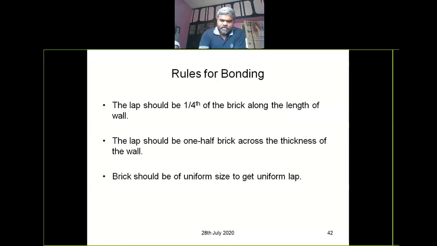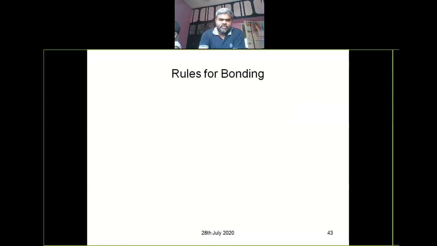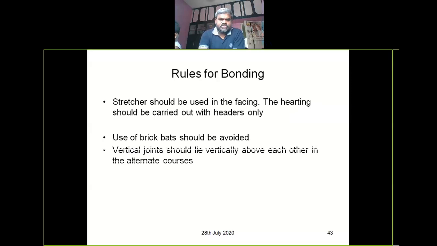The bricks should be uniform, with a uniform lap, and the stretchers should be used in the facing. The hearting should be carried out with the headers only. Use of big bats should be avoided. Vertical joints should lie vertically above each other in alternate courses.